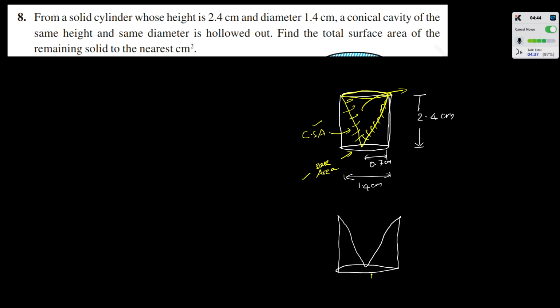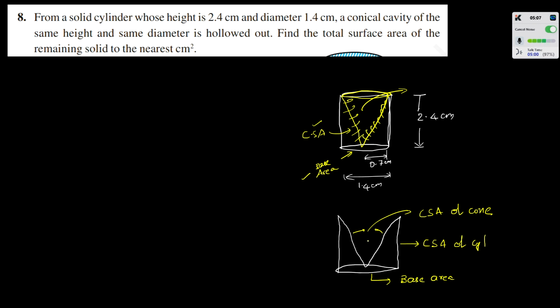So this would be base area, this is curved surface area of a cylinder, and this would be curved surface area of cone. So this is the surface area we have to find. I hope it is very clear to you.